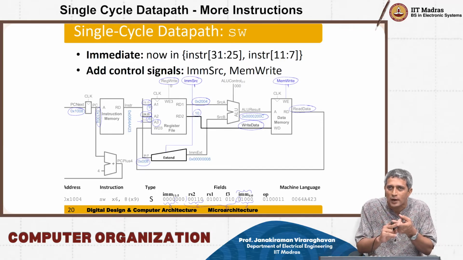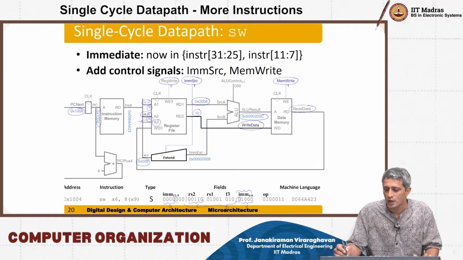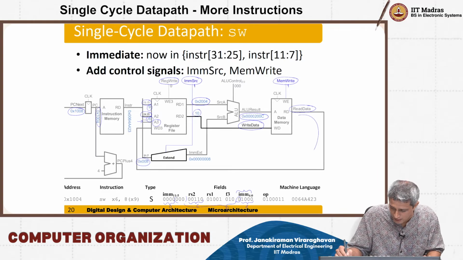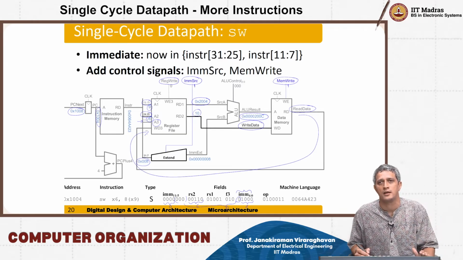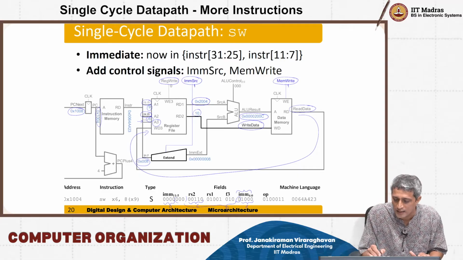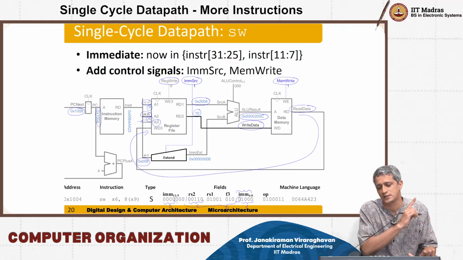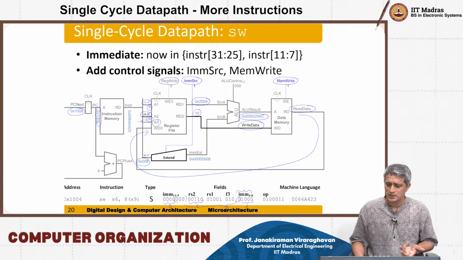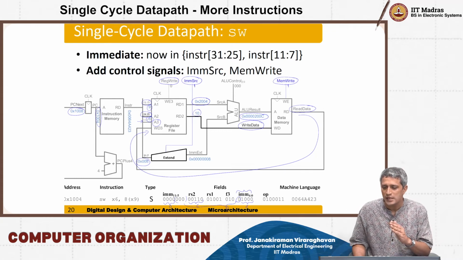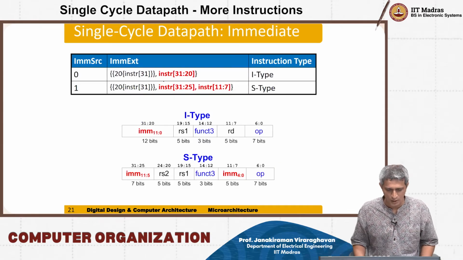The clock has to pulse and your write enable has to pulse. Therefore, there is no problem in this data signal coming back like this to this WD3, because the reg write signal is not going to pulse here at this point. Okay. So with that, we have been able to add the store word instruction, right.